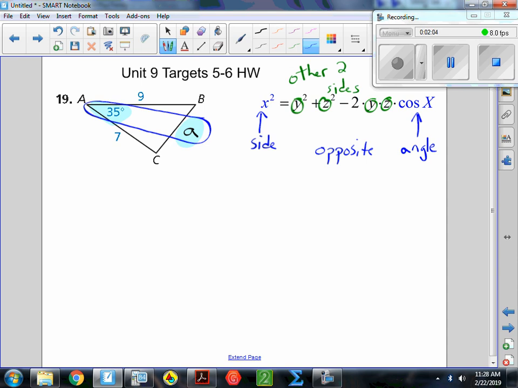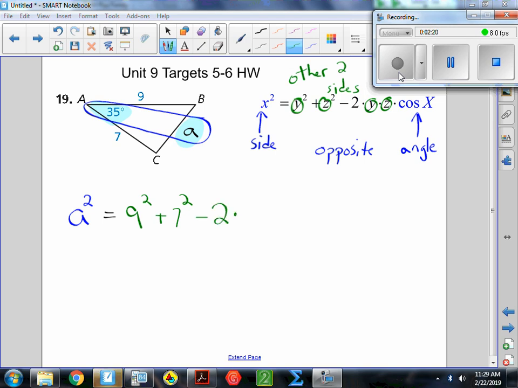So my equation is going to start with a squared equals the other two sides squared minus 2 times each side, minus 2 times 9 times 7 times the cosine of the angle I have, or the angle I want. So I have angle A.